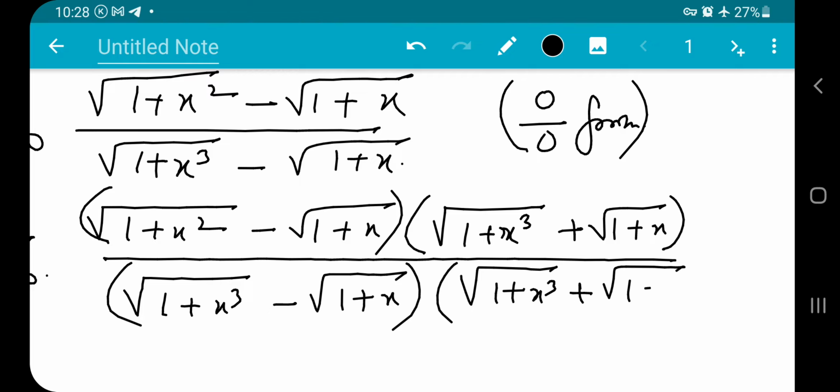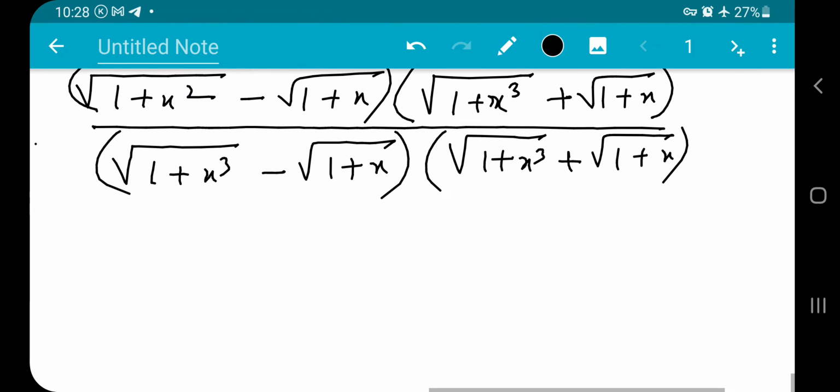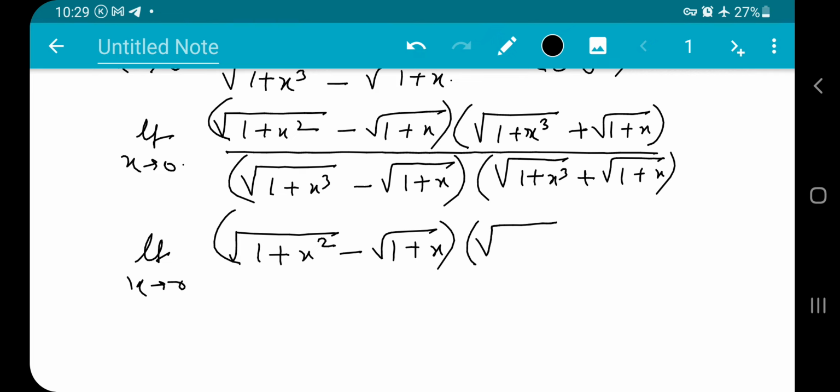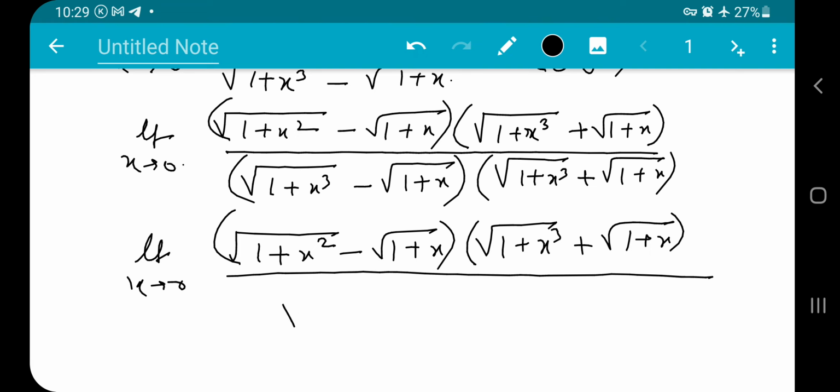So we can do 1 by 1. Okay. So what I'll do is just keep this one over here. Same thing copied. And the denominator part will be what?